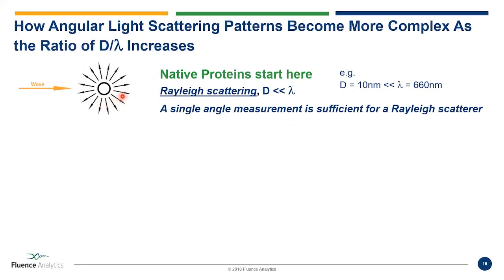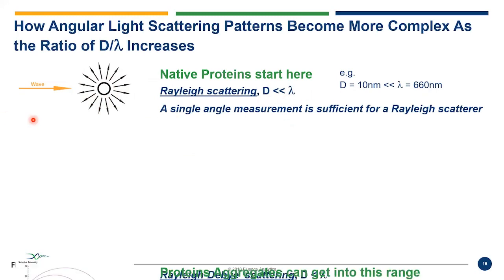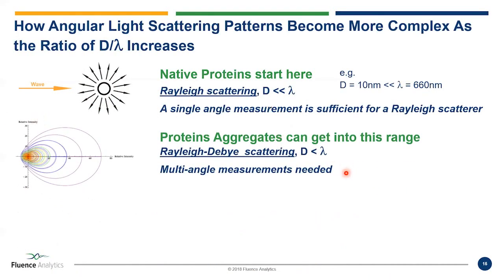There's no virtue at all in measuring multiple angles when the dimension of the scatterer is a lot smaller than the wavelength of light. However, when it does start to grow, say on the order of 100 nanometers, 200 nanometers, then you no longer have this nice equal distribution at all angles. It starts to get peaked in the forward direction, and that's when you need multi-angle measurements, because you have to extrapolate to zero angle.